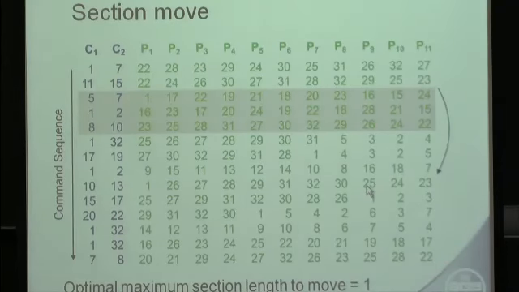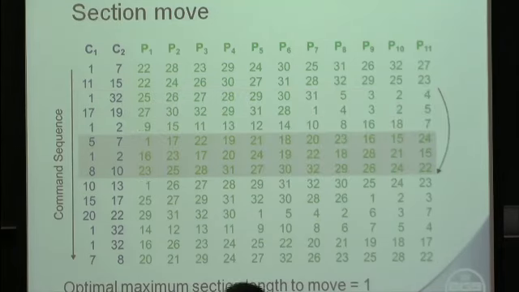The more efficient reorderings that you sometimes use in the travelling salesman problem, the first one is to take a randomly selected section of the sequence and just shift it to another point within the sequence. We found that the optimal section length to move here was only one command, so effectively we just take one command out of the sequence at random and reinsert it somewhere else.